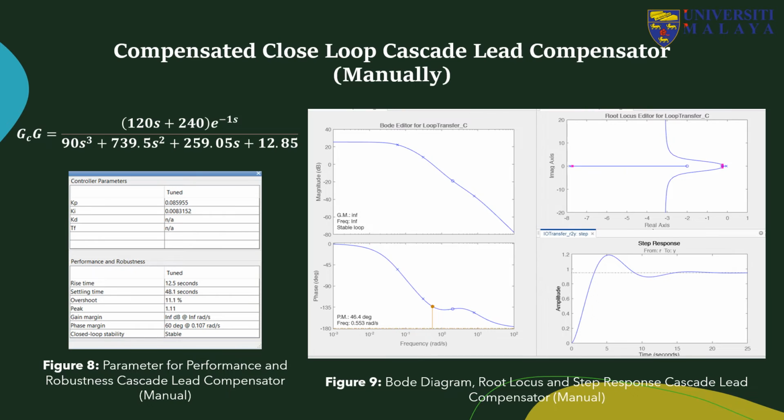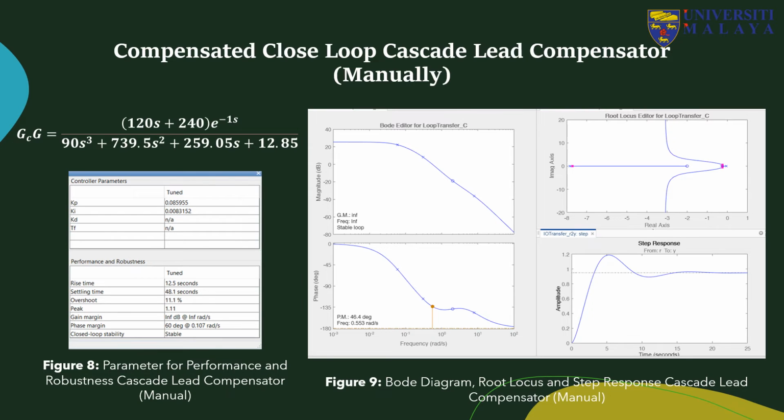Then we plot the compensated closed loop with the cascade lead compensator. This is the transfer function when we multiply the manually calculated compensator with the transfer function of the process. So this is the Bode editor of magnitude to frequency, phase to frequency, root locus here, and the step response.